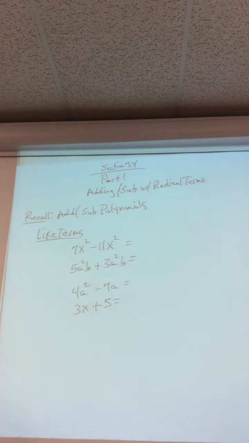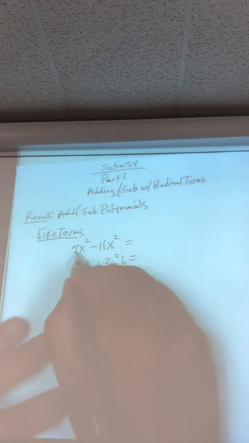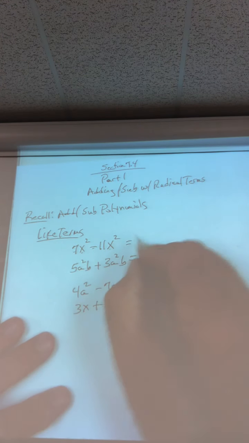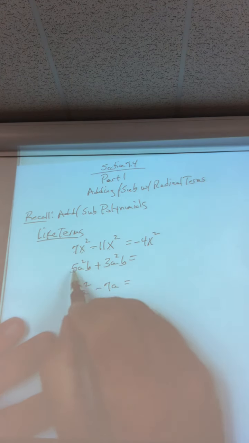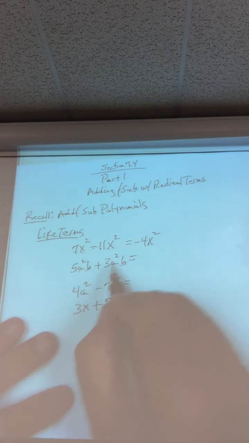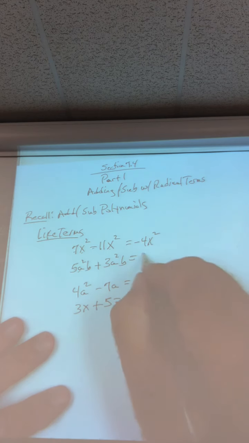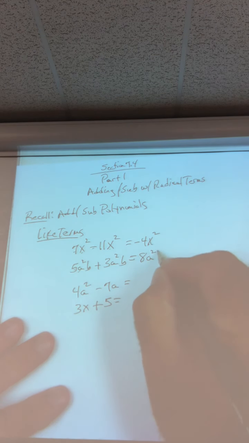Now, remember, when you're adding like terms, the like term doesn't change. You'll remember me saying when you add apples to apples, what do you get? You get apples. You don't get oranges. When you subtract apples and apples, you get apples. So when you do 7x squared minus 11x squared, it is negative 4x squared. 5a squared b plus 3a squared b is 8a squared b.